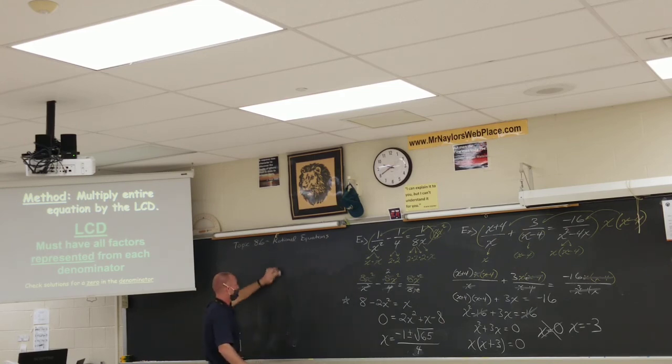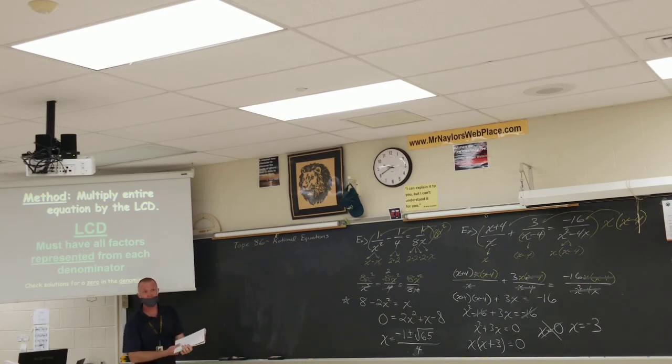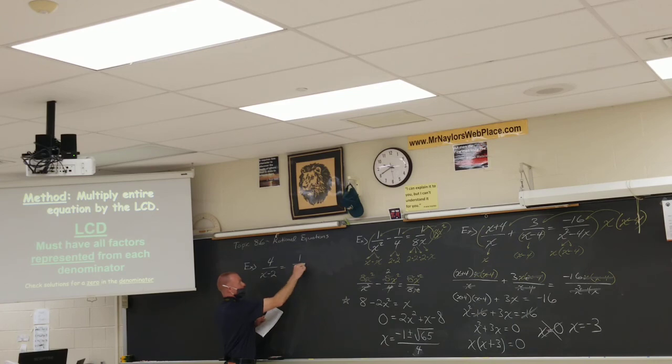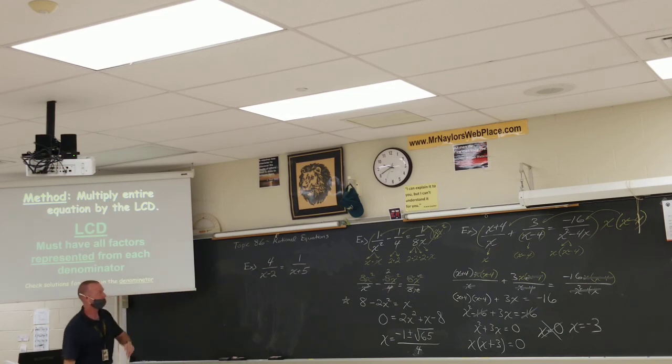All right, you guys have been good sports, but if I don't show you this, it's actually maybe the easiest problem today. If I don't show you this, you'll make some problems a little too hard. So why is this supposed to be a little bit of an easier problem? 4 over x minus 2, 1 over x plus 5.